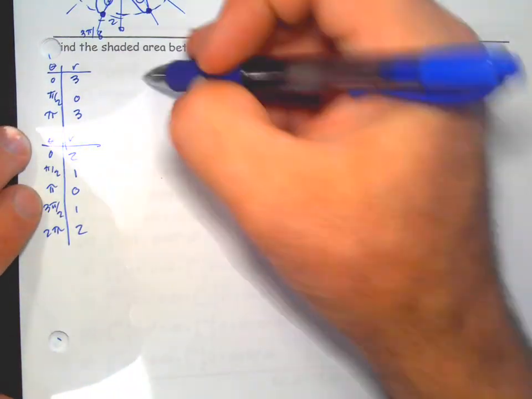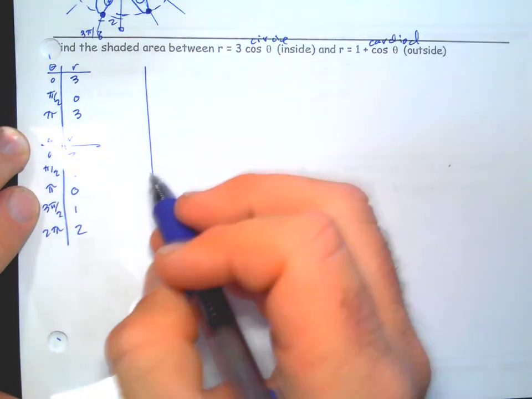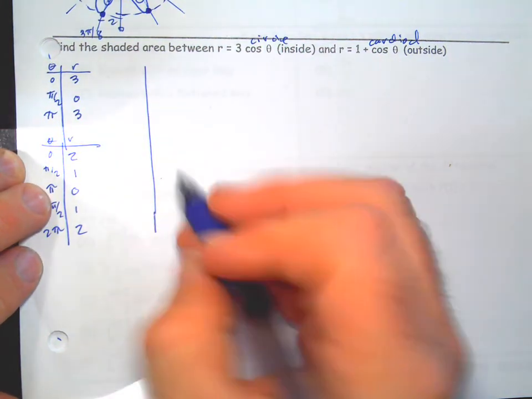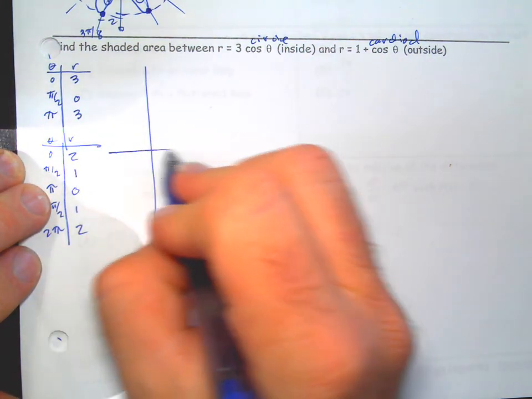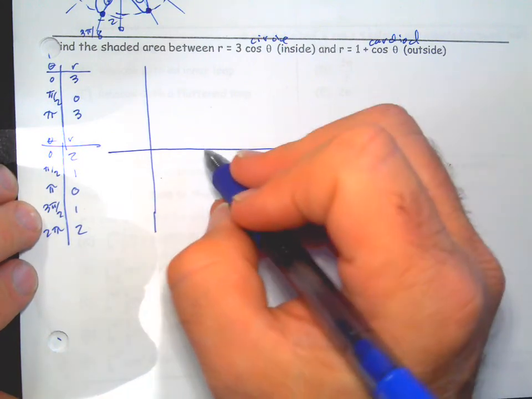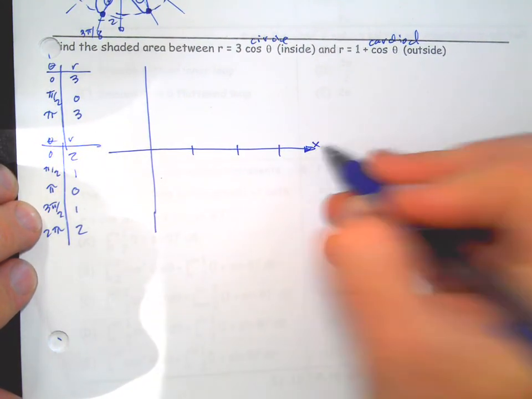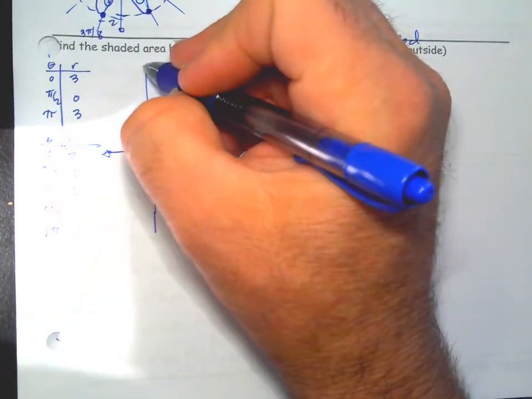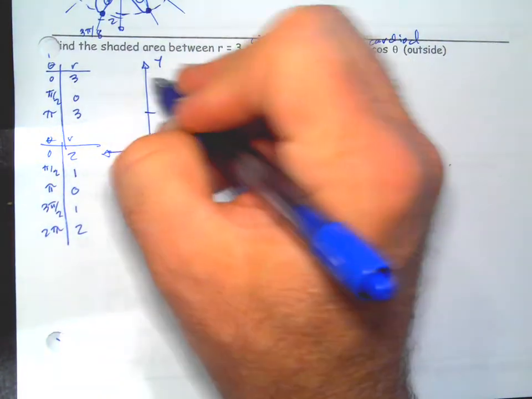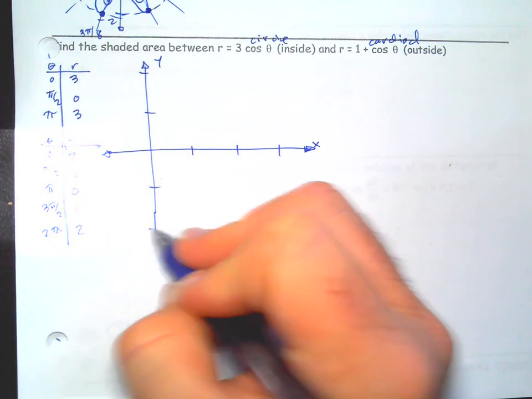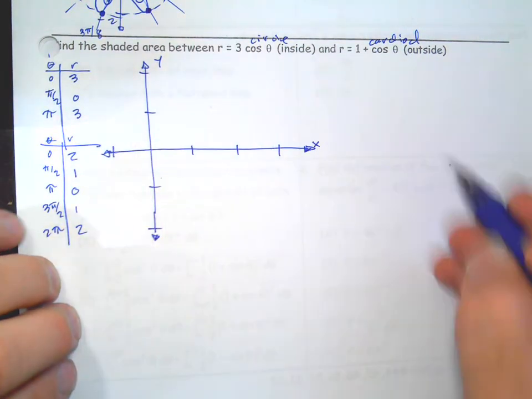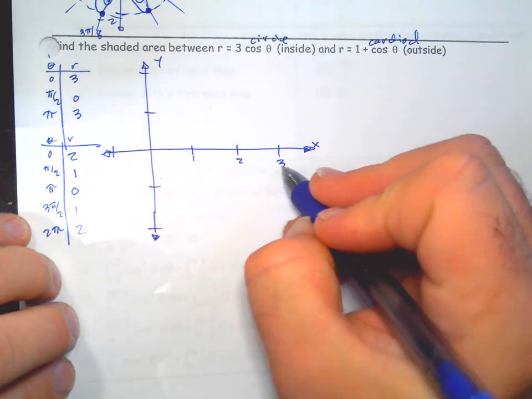So I'm going to graph these together. I'm going to make this graph a little bigger because this graph is going to be really helpful to us. So we're going all the way to 3. Let's see. So I think we're going to really need a good graph of this.